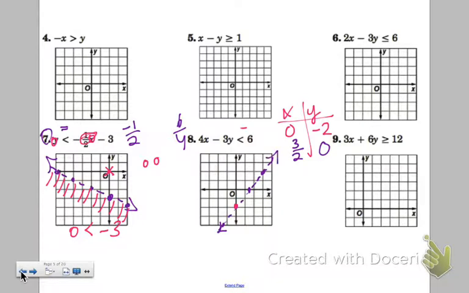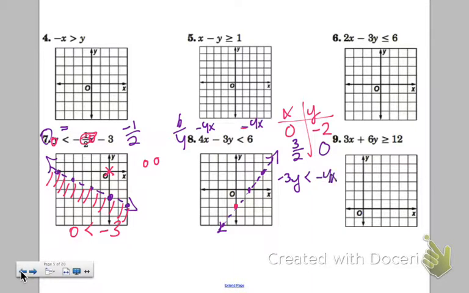If you didn't like that, you could have just gotten it to a y equals, so that would be minus 4x on both sides, negative 3y is less than or equal to negative 4x plus 6. Now you got to be careful if you do that, because you got to follow your inequality rules.